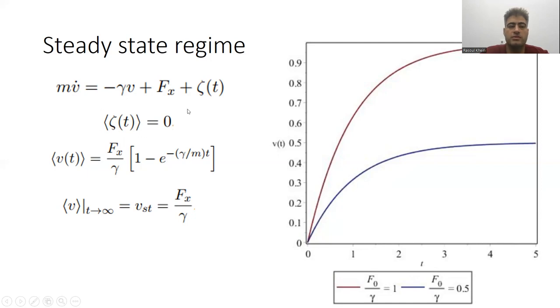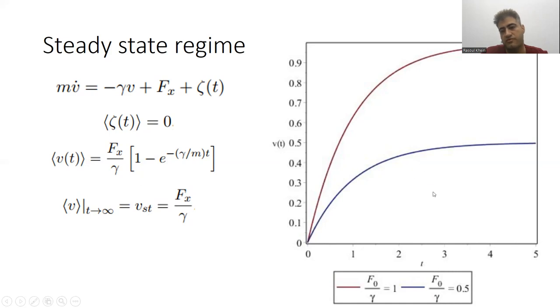As a good postulate, the average of the velocity can be derived by solving the differential equation, and after a while we see that the particle will reach a steady state velocity, a constant velocity.